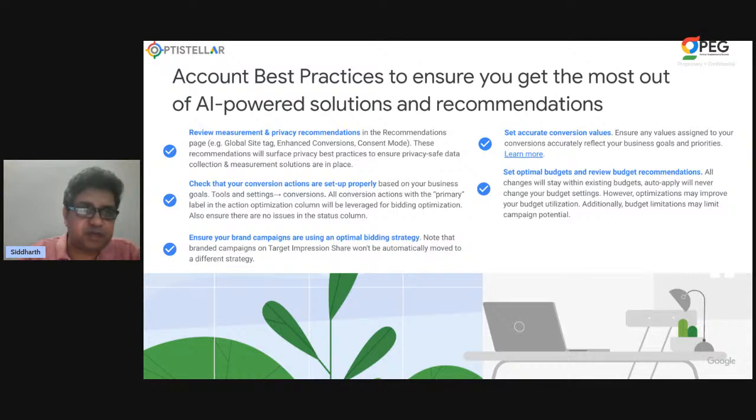Because of best practices like reviewing measurement and privacy recommendations, right? It's very important in today's privacy safe world that you are able to review all of your privacy recommendations. You need to make sure that you have the global site tags, the enhanced conversions, and the consent mode available.